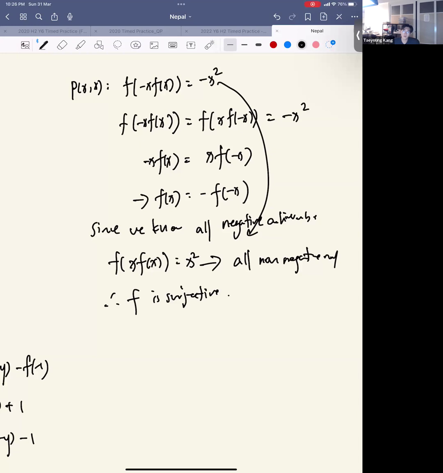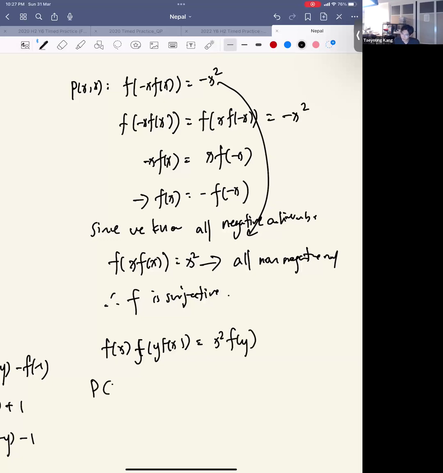So what we have done is basically reduced it to f(x f(y) f(x)) equals x squared f(y).